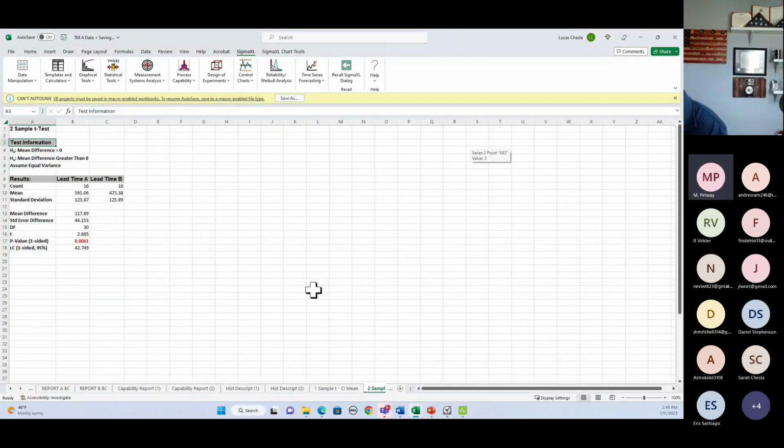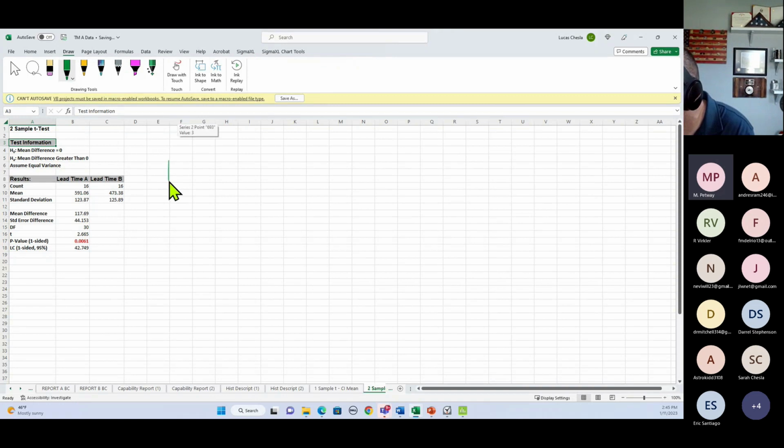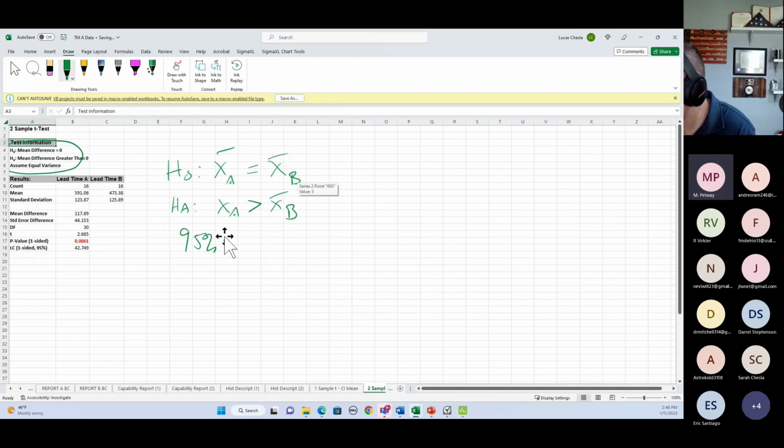Let's take our time to write out the null and alternate hypothesis again, which by the way are right here. Our null hypothesis is that the average from team A equals the average from team B. And the alternate is that team A is greater than team B. We selected 95% confidence, which leaves us with an alpha of 0.05.